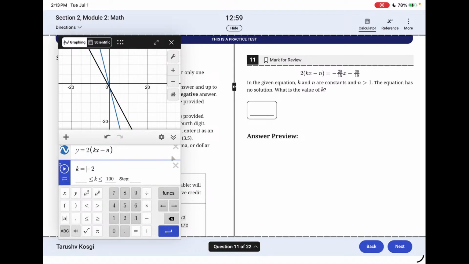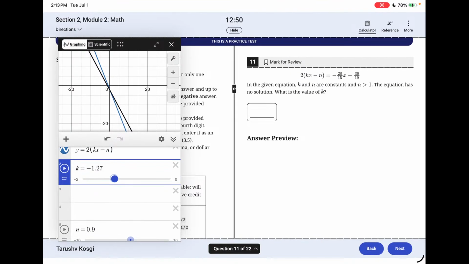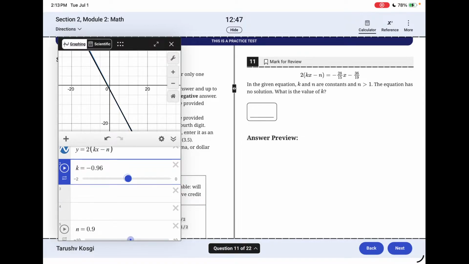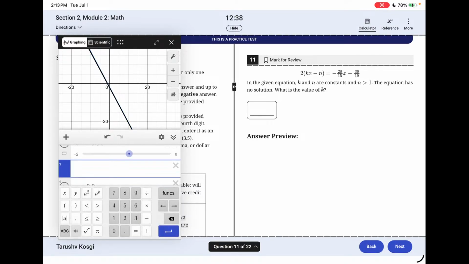So it's like really close to negative 1.0, negative 2, step 0.01. Make it n equal to 1. Okay. Right on top. Right on top.